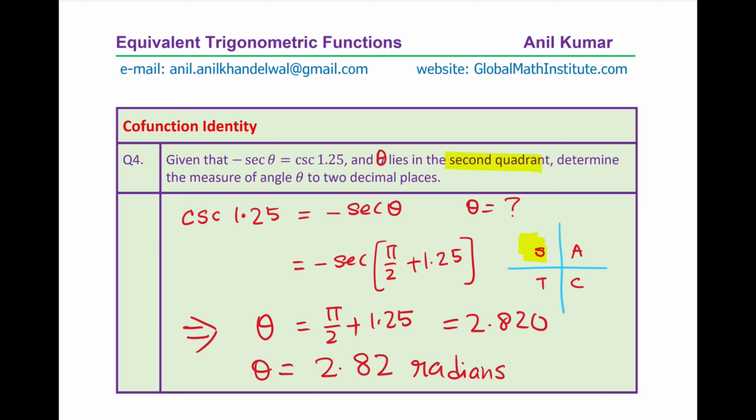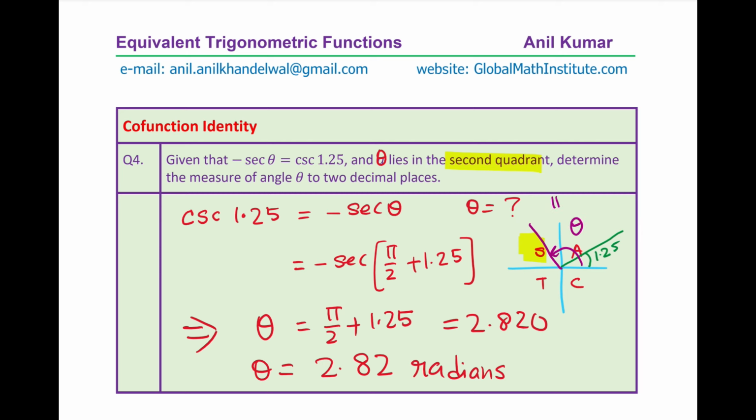Is that clear to you? So that is how we are going to solve this particular question. So basically, you can say 1.25 is some angle here, for example, right? We are looking for the angle in this particular quadrant where this is the angle theta. You get the idea?